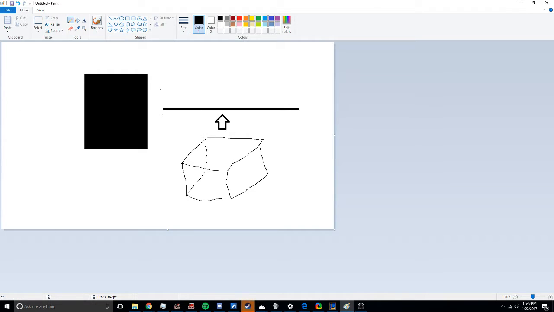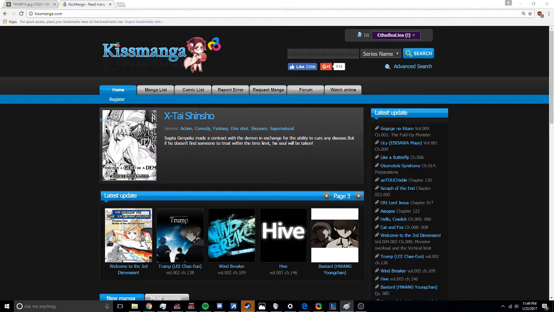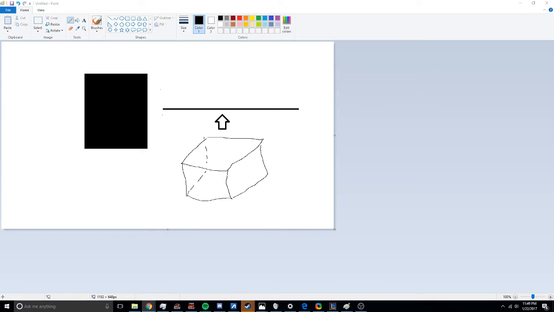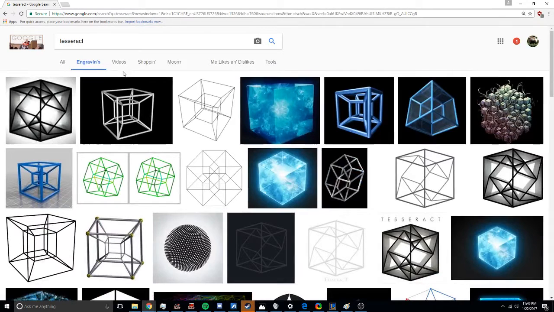There are pictures of Tesseracts, which are engravings. Yeah, so there are pictures of Tesseracts, right? They're like, oh, this is how you could imagine the fourth dimension.